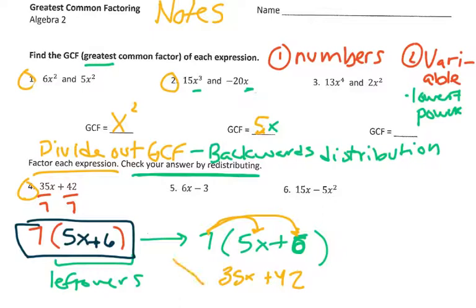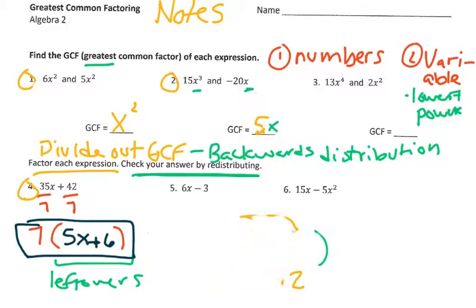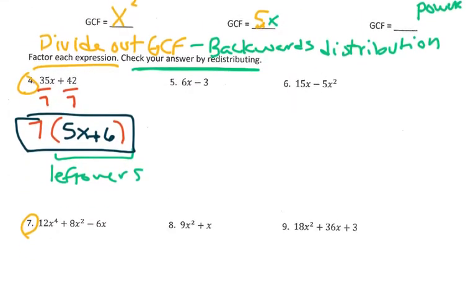So hopefully you can see that those end up matching, and that was the original problem that we're getting back. So again, if you aren't sure if your guess or what you're starting with is working, you can always go ahead and try to redistribute.